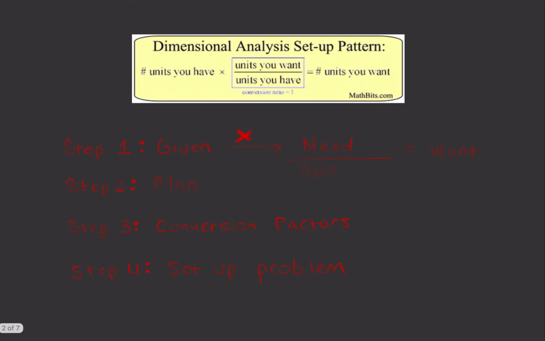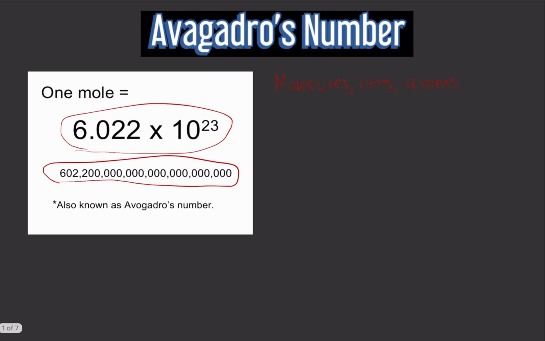So before I get into some of the practice problems, let's think about this. If I say that we have 1 mole of CO2, how many CO2 molecules do we have? Well, if we have 1 mole of CO2, this means that we have 6.022 times 10 to the 23rd CO2 molecules.